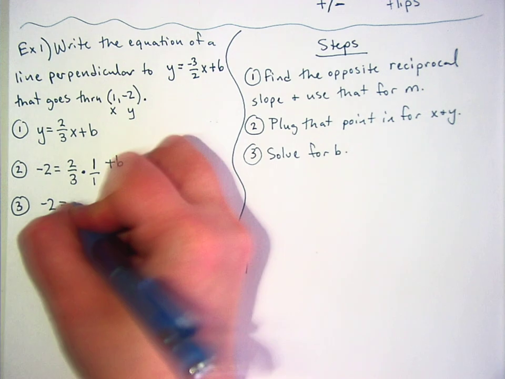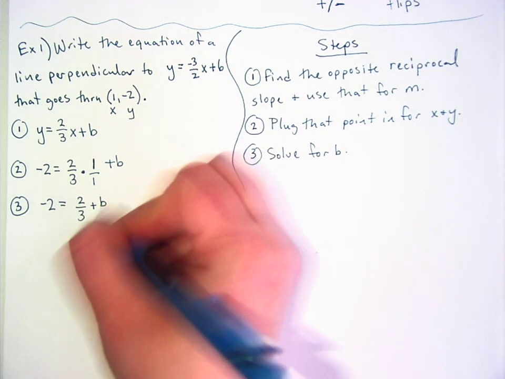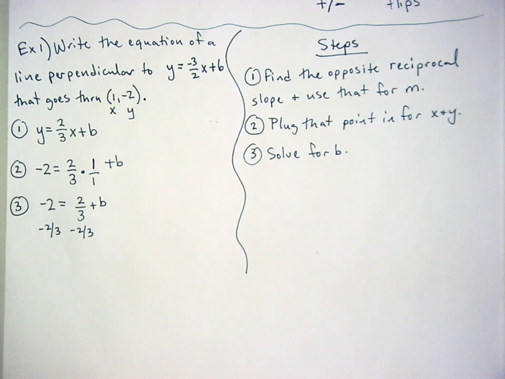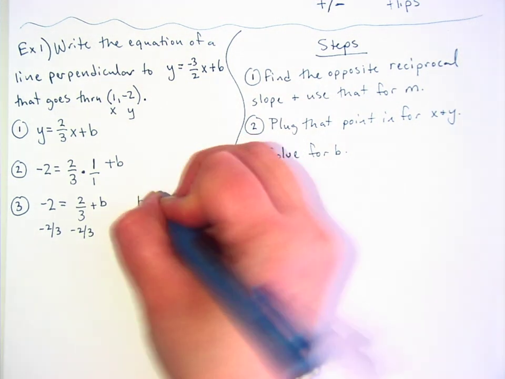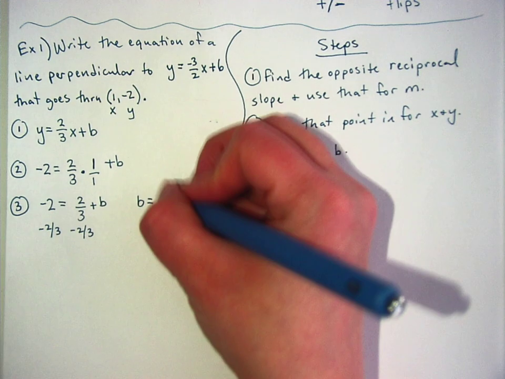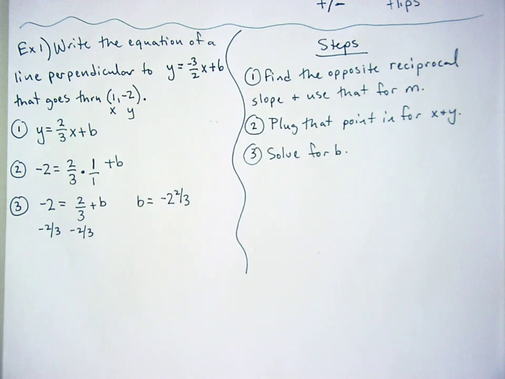That's negative 2 equals, let's see, this would still be 2/3 plus b. And then we're going to subtract 2/3 from both sides, which means that b equals, what's negative 2 minus another 2/3? Negative 2 and 2/3. You could also, if you wanted to create a common denominator, call that negative 8/3 if you want to, but I'm fine with a mixed number like that.